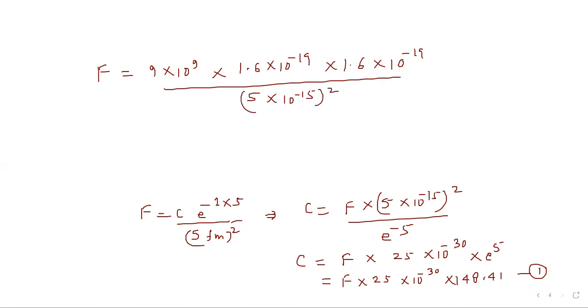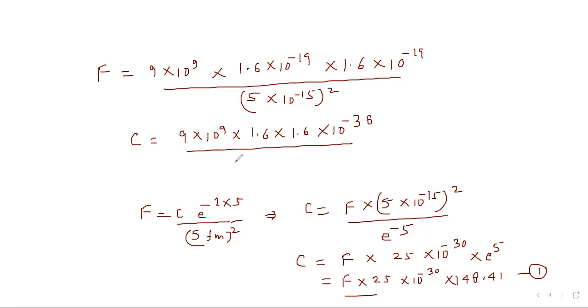So if we put this value here, we will get C equal to 9 into 10 to the power 9 into 1.6 into 1.6 into 10 to the power minus 38 divided by 25 into 10 to the power minus 30, times 25 into 10 to the power minus 30 into 148.41. Now these two terms will cancel out.